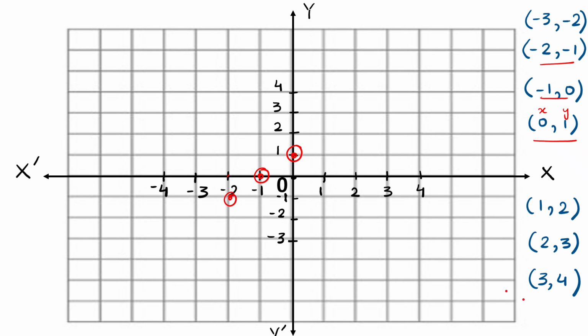For negative 3, the value of y is negative 2. When x is 1, the value of y is 2. For 2, the value of y is 3. When x is 3, the value of y is 4. Now by joining these points, we get a line.